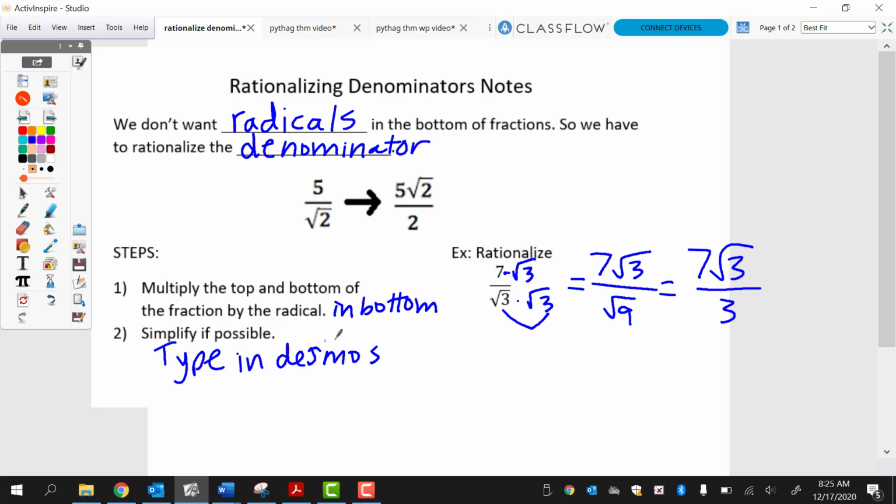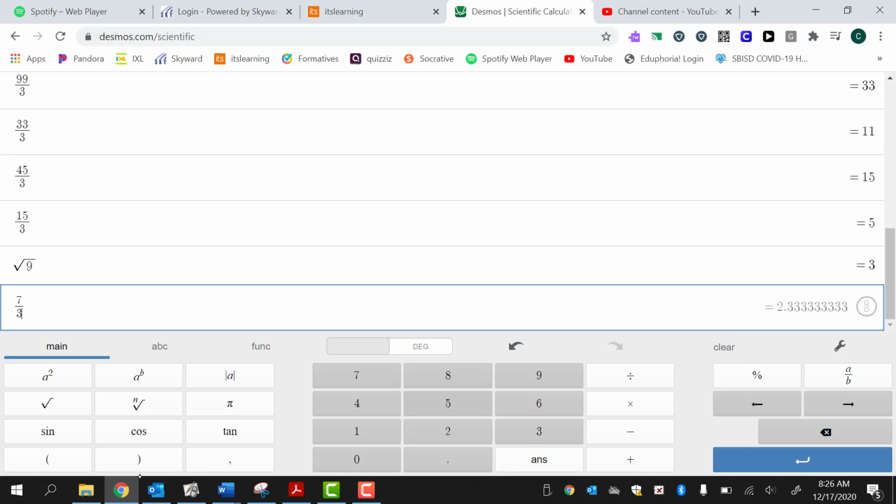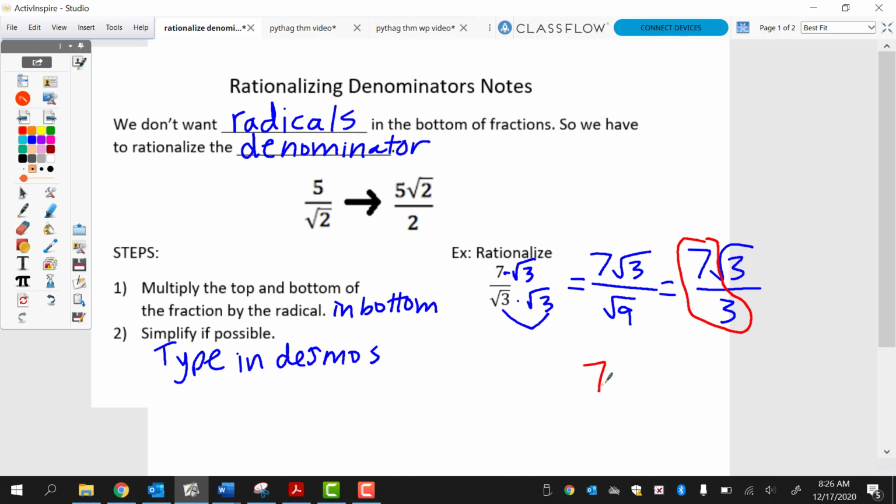I'm typing 7 divided by 3 in the calculator, because I can simplify a whole number with a whole number, but I cannot simplify a whole number and a radical. 7 divided by 3 is a decimal, so I push the little button to make it a fraction. It stays the same, so that means it does not simplify. And the final answer is 7 square root of 3 over 3.